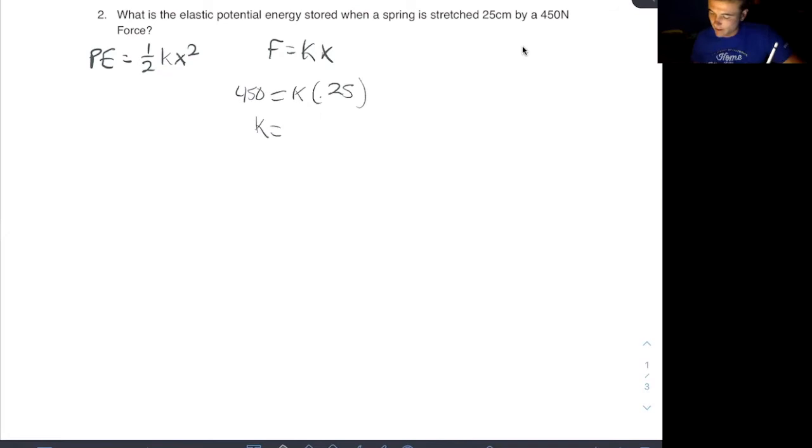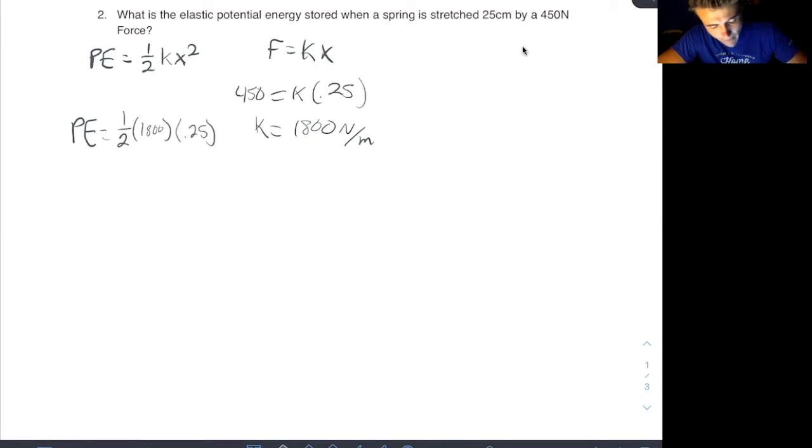And in this case, the K is 1,800 Newton meters, right? So now we have our K value, we have our spring constant, and we just plug this in to our potential energy equation. Cool, and you solve it, and you get 56.25 joules.